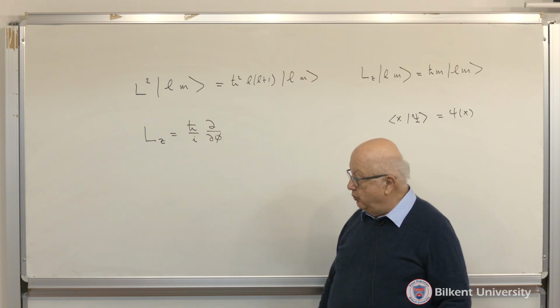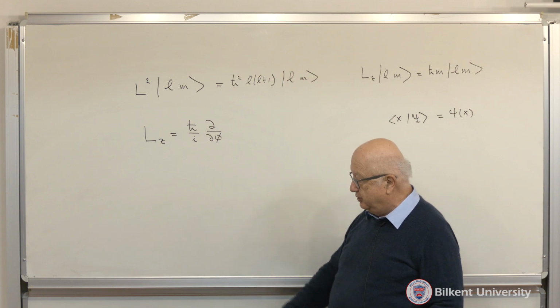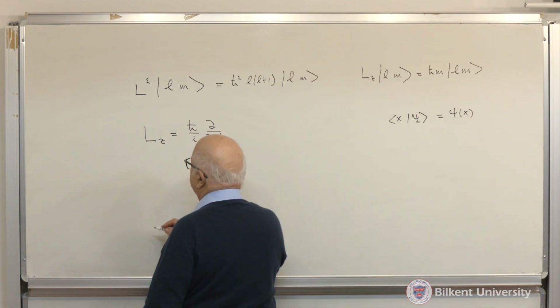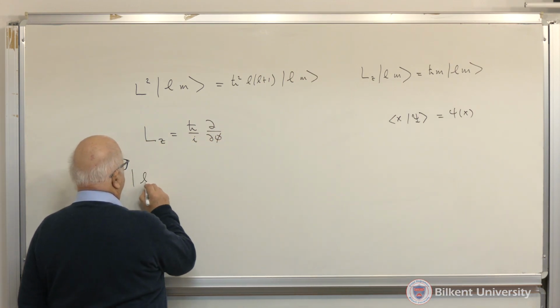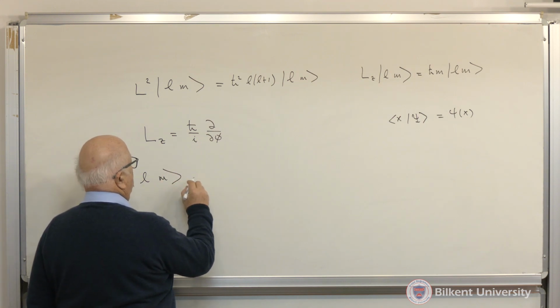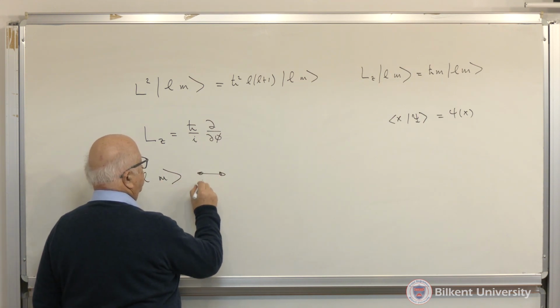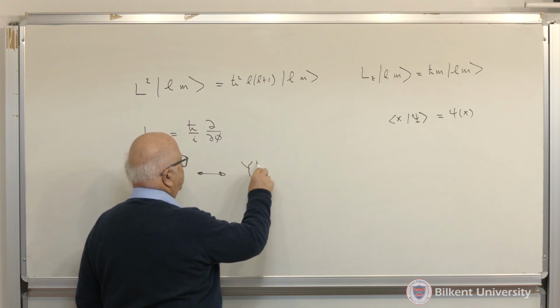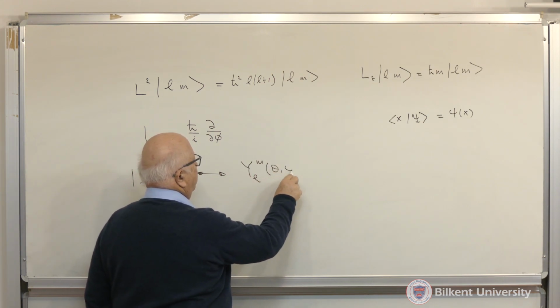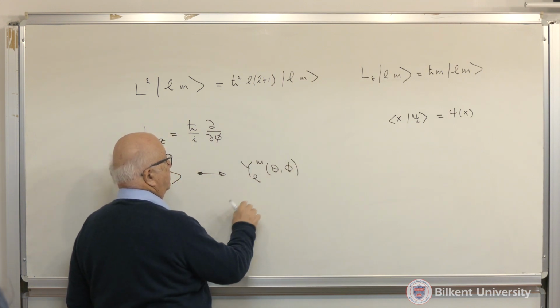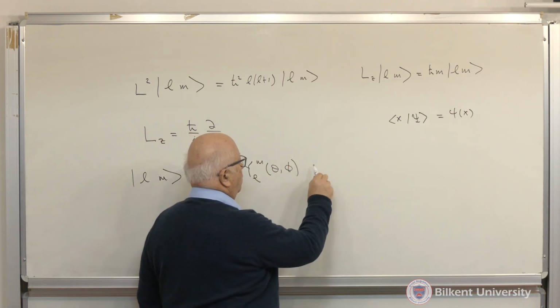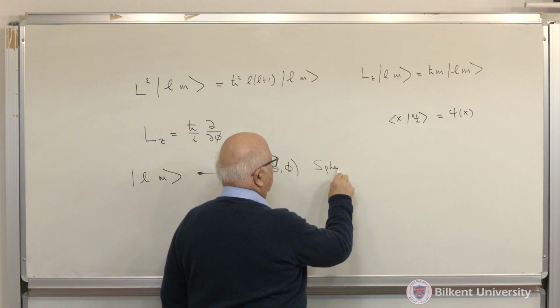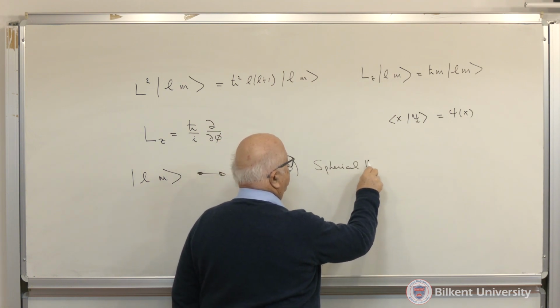So the ket |l m| corresponds, in coordinate space, to a set of functions. I just briefly mentioned this when we were doing separation of variables: these are called the spherical harmonics.